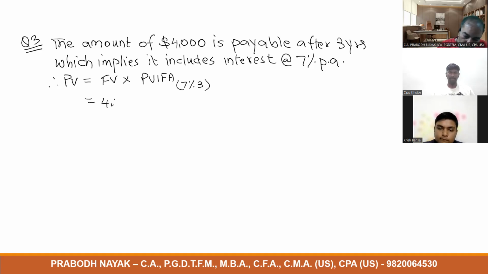Future value is 4,000 into 1 divided by 1.07 raised to 3.